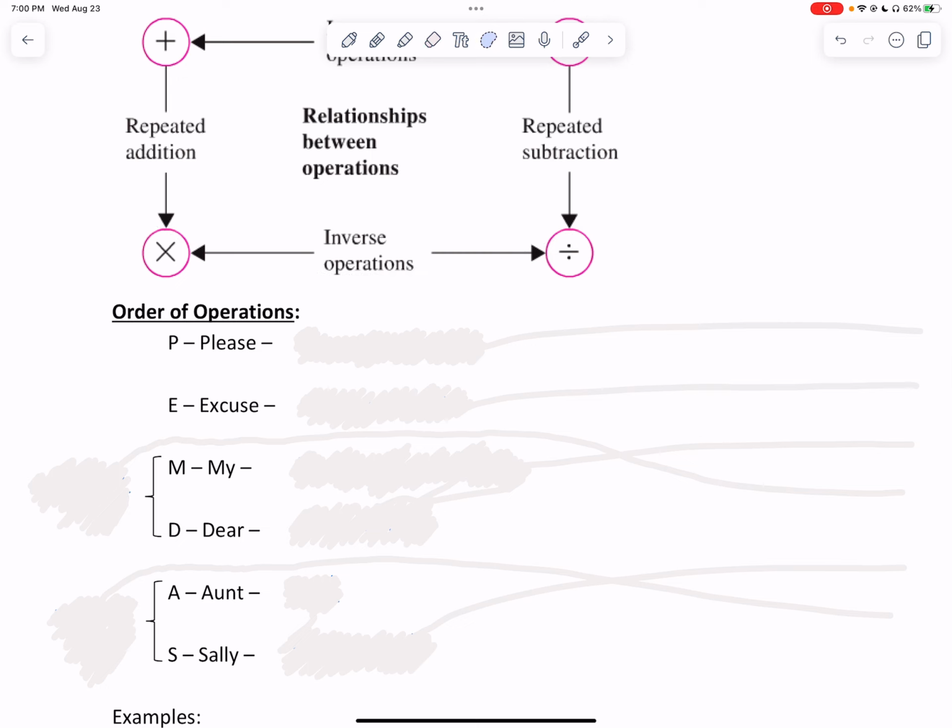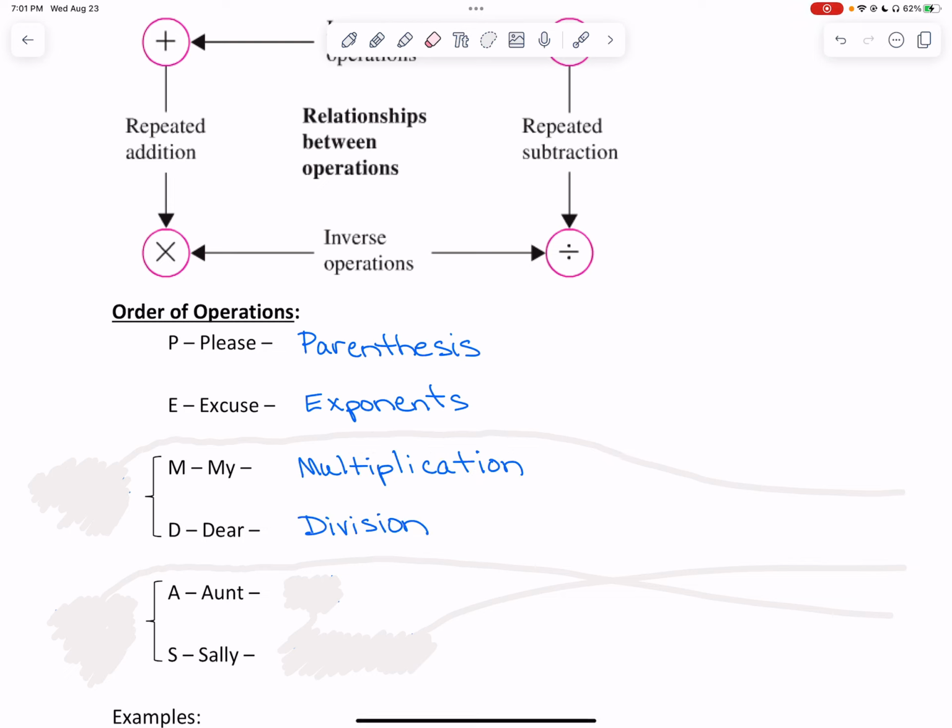So you've probably heard of Please Excuse My Dear Aunt Sally, or you might have heard it as PEMDAS. We hear it different ways. So please stands for your parentheses. So you do whatever is in parentheses first. Then you do any exponents that you have. Then you do multiplication.